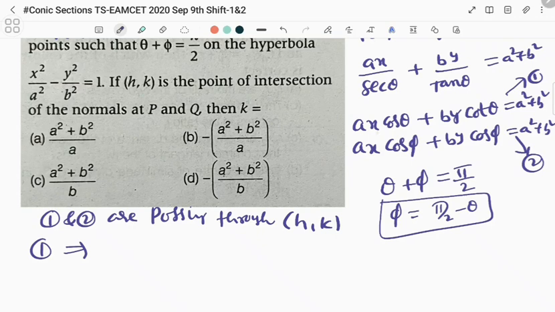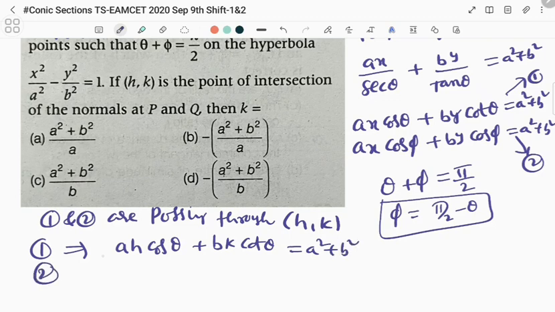It is passing through the point of intersection. So wherever x comma y is there, h comma k mention. So equation 1 will becomes ah cos theta plus bk cot theta is equal to a square plus b square.